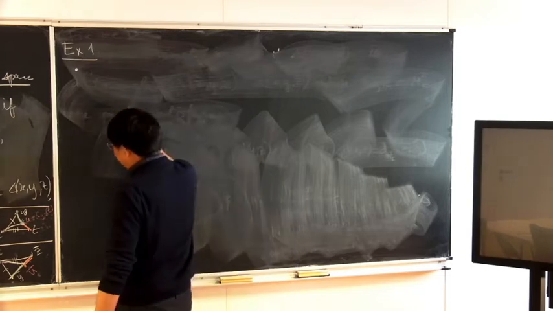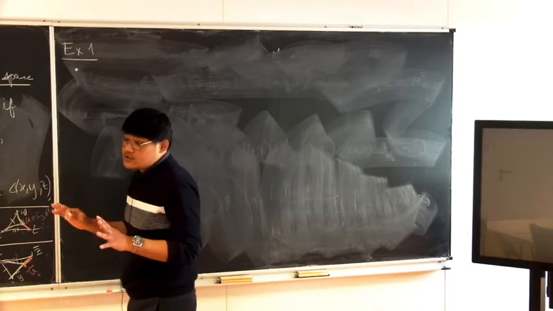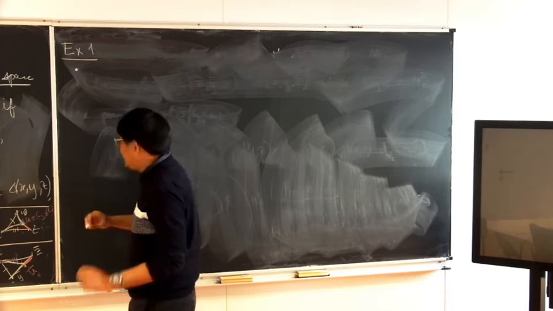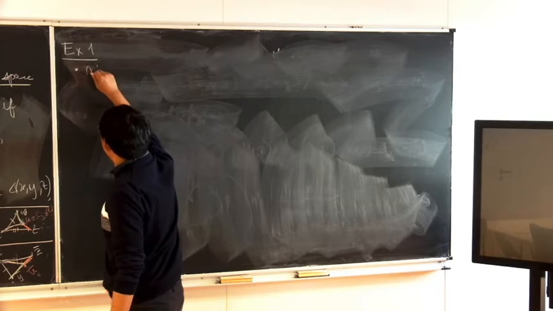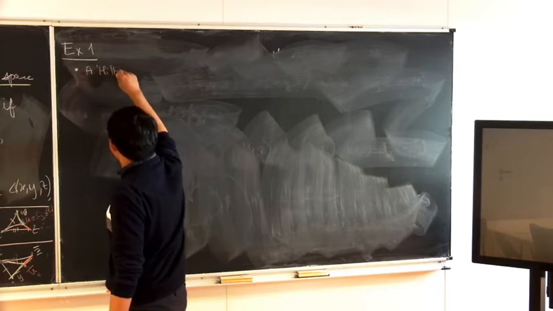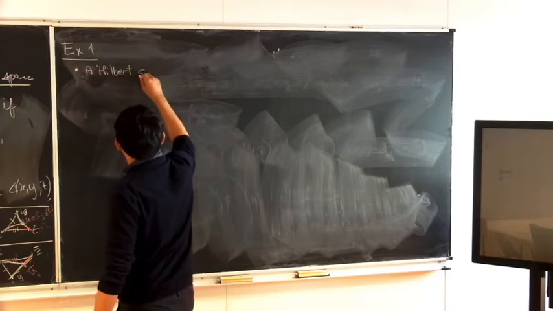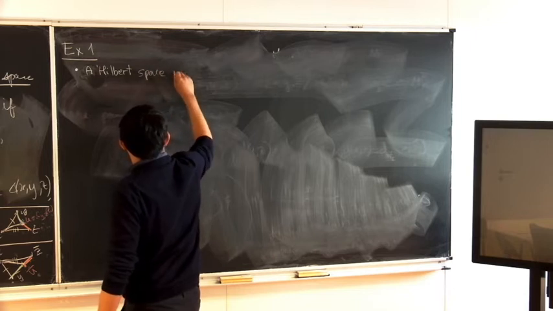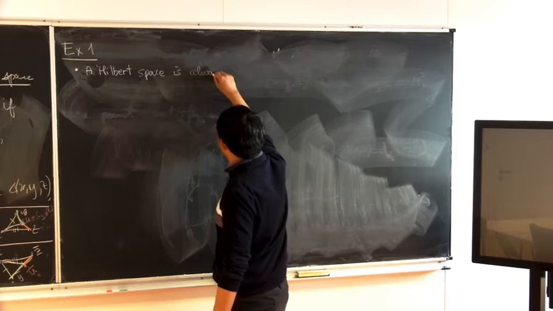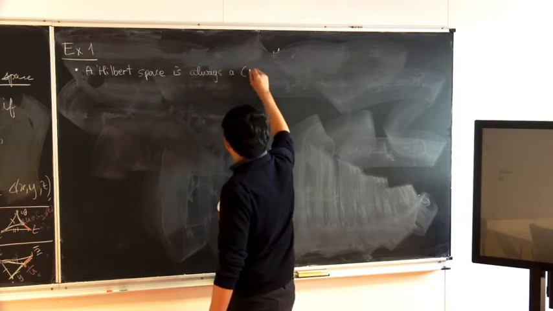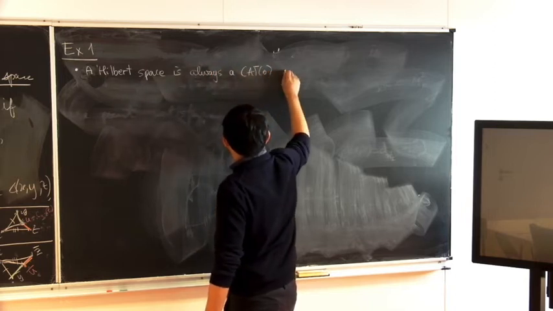So let's go back to where you don't have the curvature at all, like the linear space. If you have a Hilbert space, a Hilbert space is always a CAT 0 space.